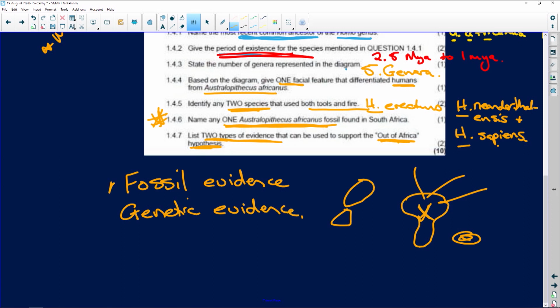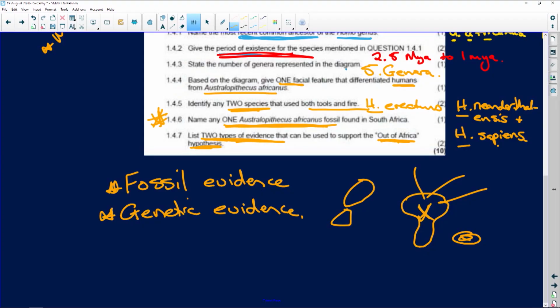You could also have had cultural evidence, but your cultural evidence like tools are not actually going to show you that it came out of Africa. It could have been organisms there that used the tools. All right, but out of Africa, fossil and genetic, and that genetic evidence, we've got something called mtDNA.